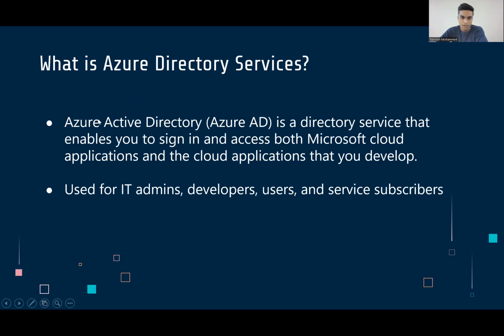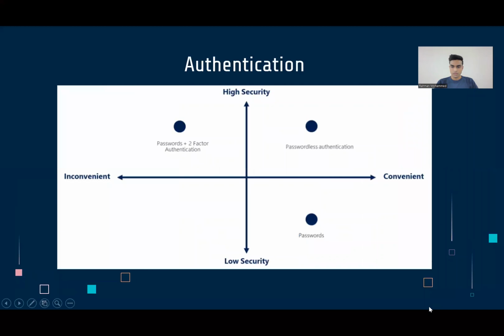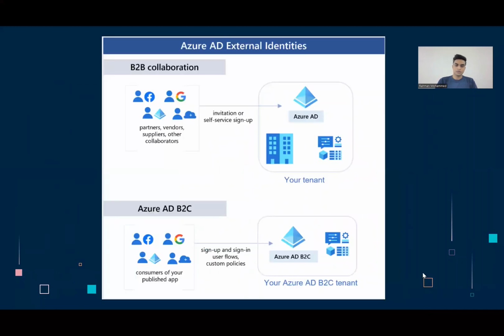And the directory server. Okay, Azure's AD external identities. Basically, you want to know that this first one is the business to business collaboration, and the bottom one is the business to consumer collaboration or customer.